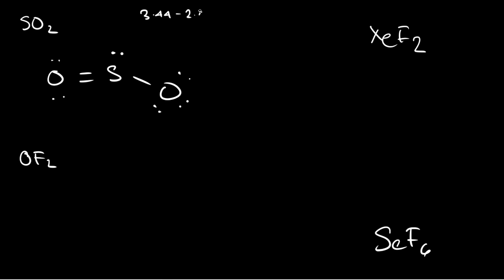Sulfur has 2.58, and oxygen has 3.44, which is a difference of 0.86. So it is a polar bond. These are polar bonds. They go outwards, but because there is a lone pair which affects the shape, it is bent, thus affecting the molecular geometry of the molecule. It is therefore polar.